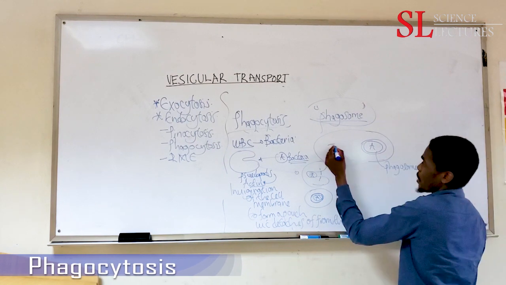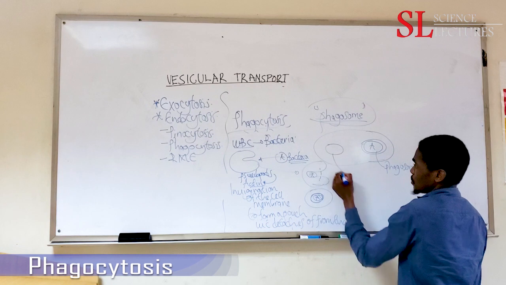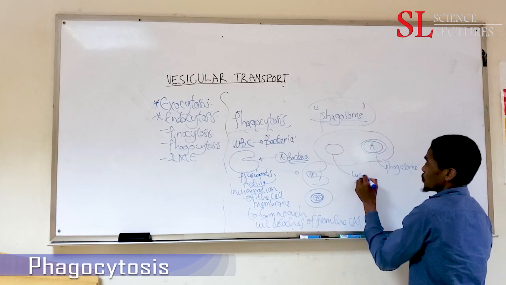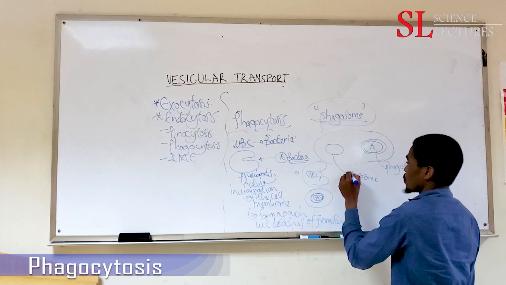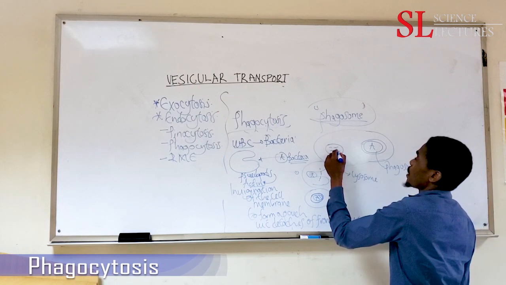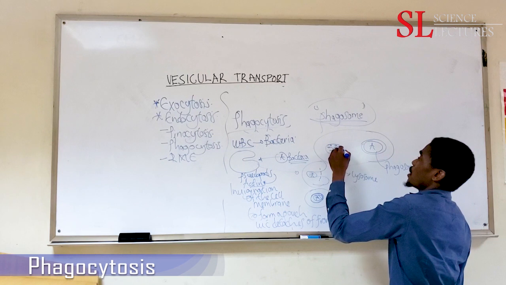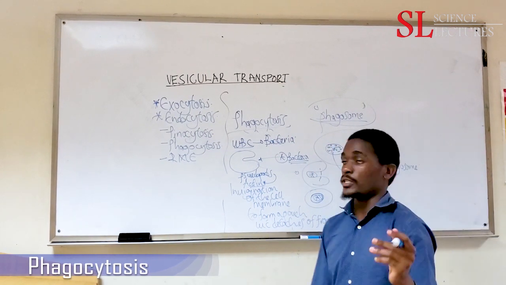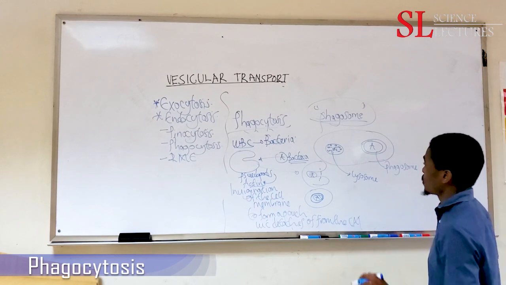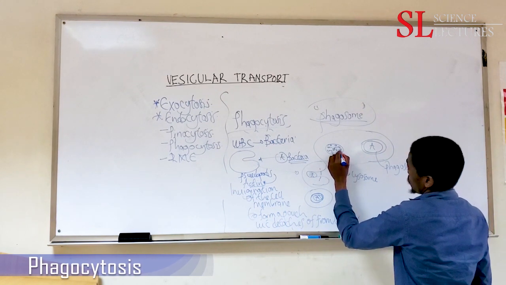Inside the same cell, we have lysosomes. This is the lysosome. We know lysosomes contain hydrolytic enzymes. Let's imagine inside there are many hydrolytic enzymes. They can be nucleases, proteases, acid phosphatases inside the lysosomes.